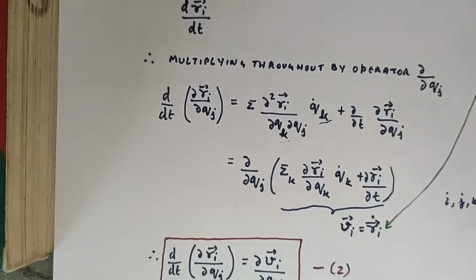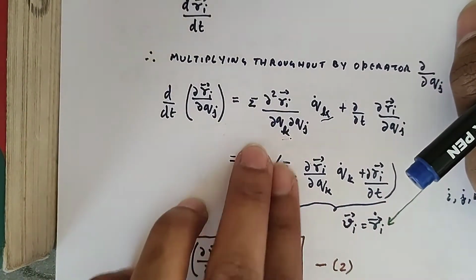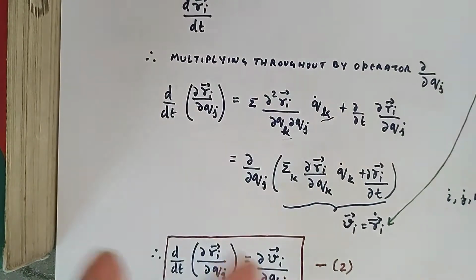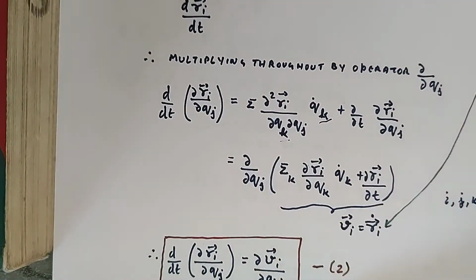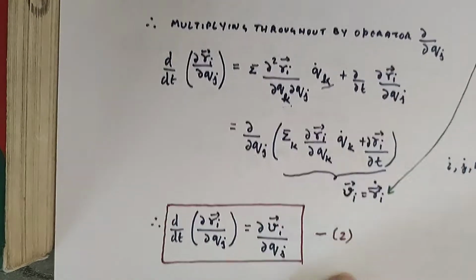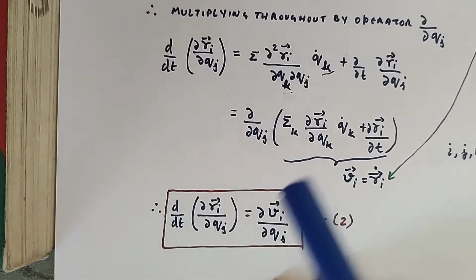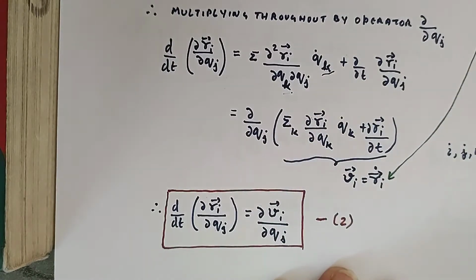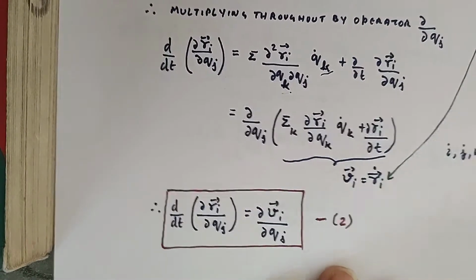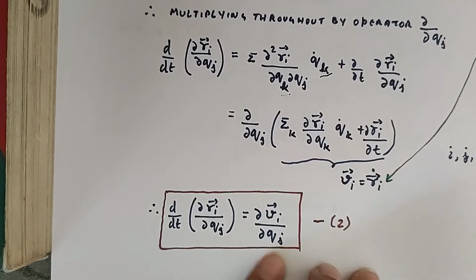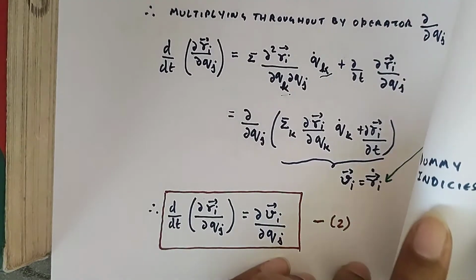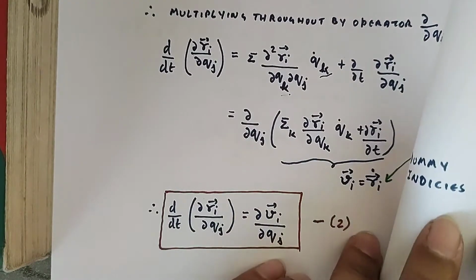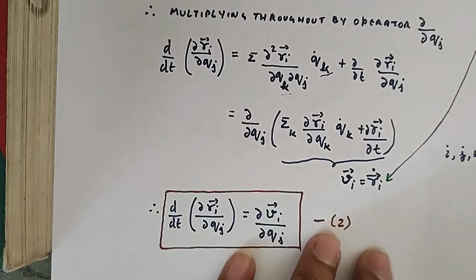So in order to emphasize mathematically, I'm just using it as k, just to make sure that I'm not particular about any particular scenario in this type of derivation. So I take dou by dou qj as common. Whatever is left inside this parenthesis is denoted by this equation. As I said, i, j, k are just dummy indices.